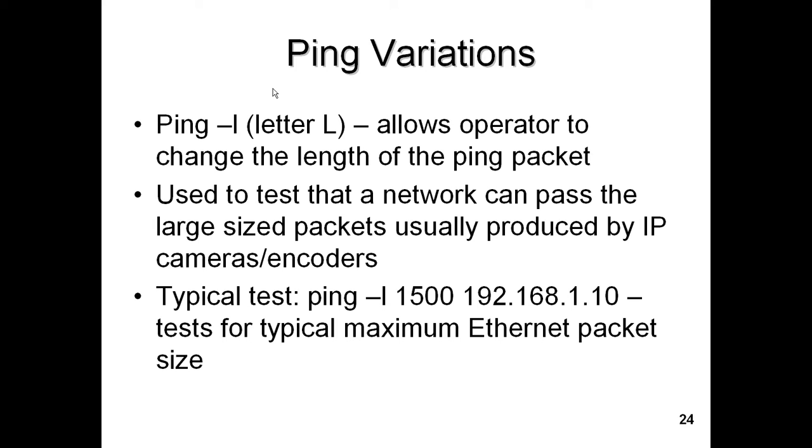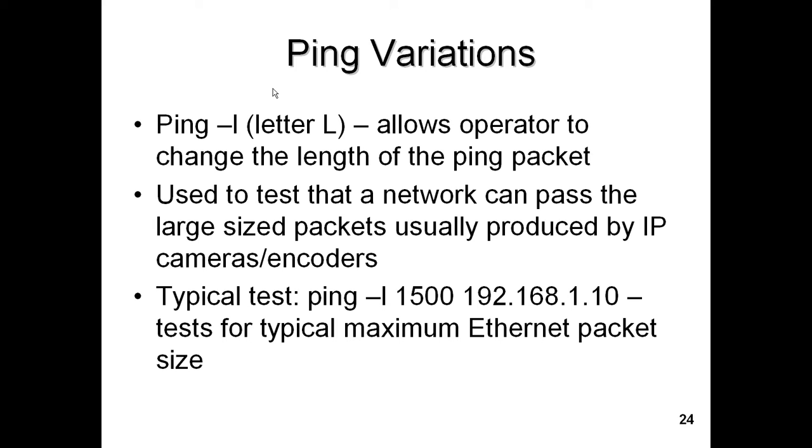Because our IP cameras and video encoders usually make really big packets for the video images themselves. They'll make maximum length packets, like 1,514 bytes long. So what we might want to do is the test that you see here at the bottom. Ping space -L space 1500, how big I want the packet to be, and then I'm testing 192.168.1.10.